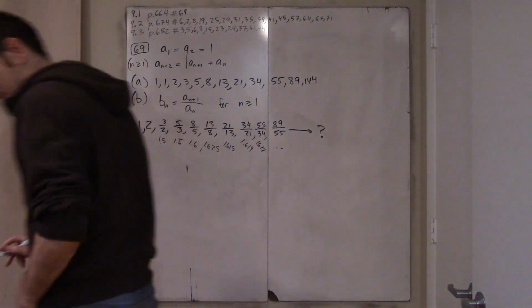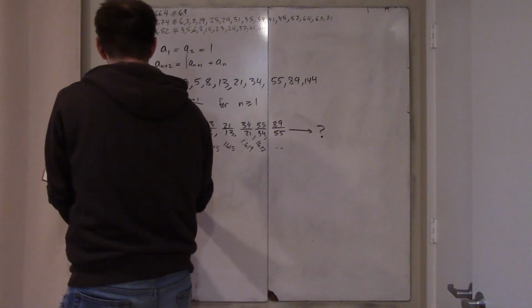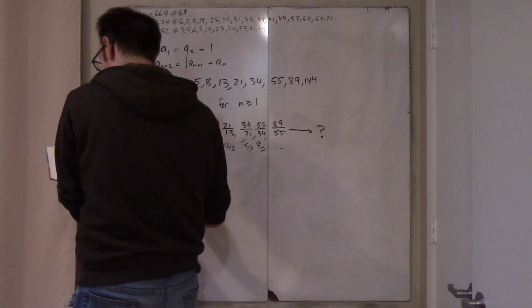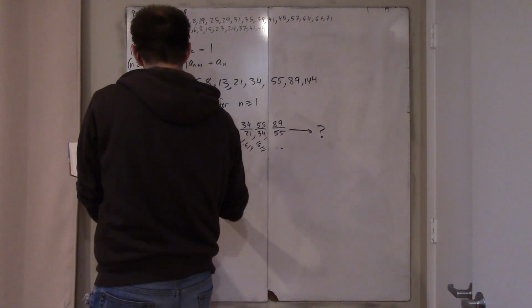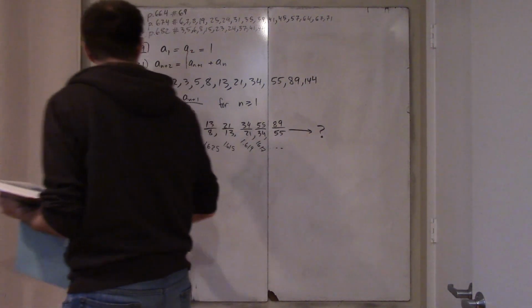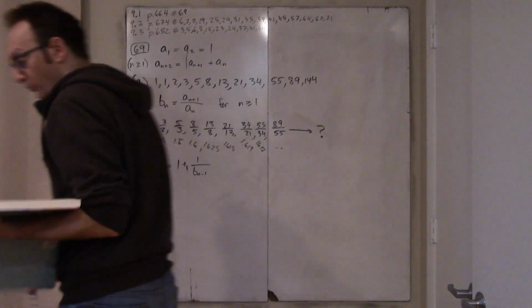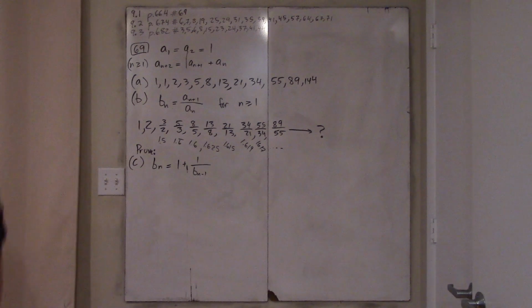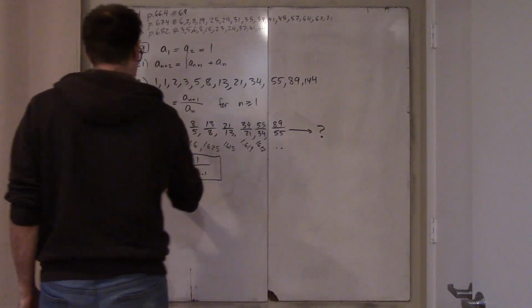The other half of this problem says, quite interestingly, although they don't really have you follow up on it: let b sub n be... no, sorry, not let, show that, so prove, now we have a little math proof on our hands, prove that b sub n is 1 plus 1 over b sub n minus 1.